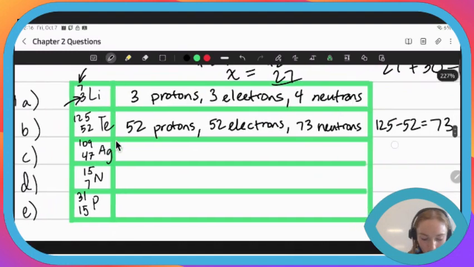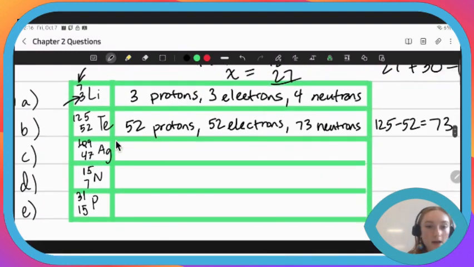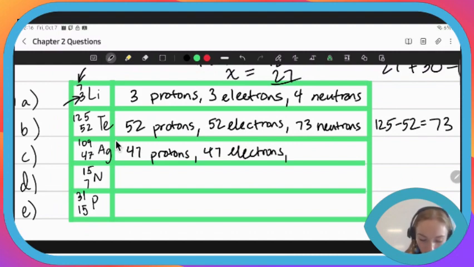Okay, so for gold here, we have 47 as the atomic number. So we're going to have 47 protons and 47 electrons, as well as, let's figure out the neutrons. So 109 minus 47 equals, let's see, 62.